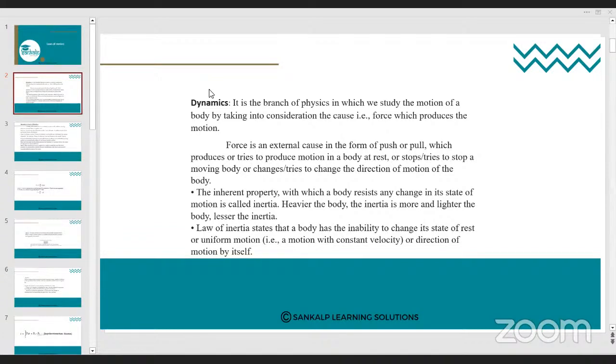So the second law states that the rate of change of momentum of the body is directly proportional to the applied force, and the body moves along the direction of the applied force. That is the second law.